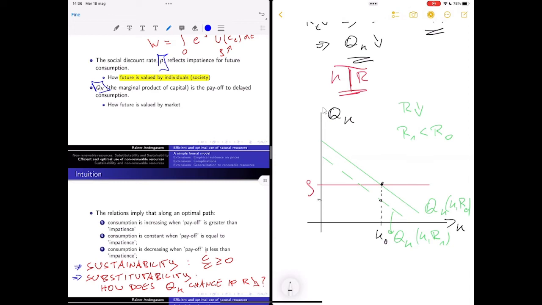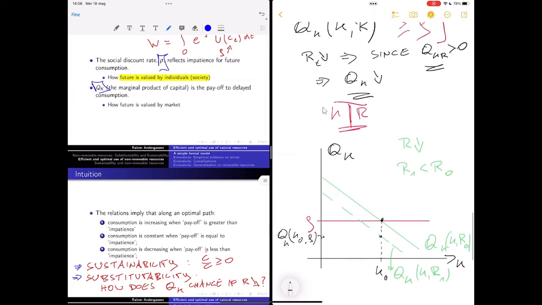But here, now my capital and my resource are such that sustainability is no longer socially optimal. Okay, you see this?